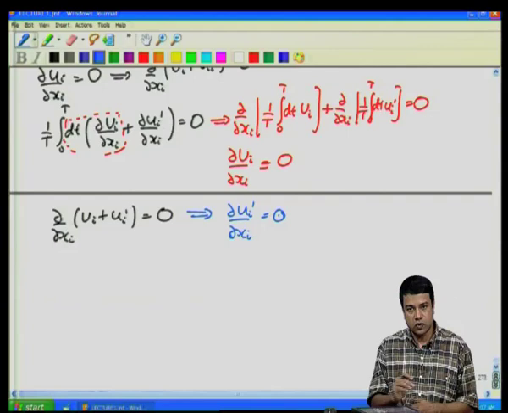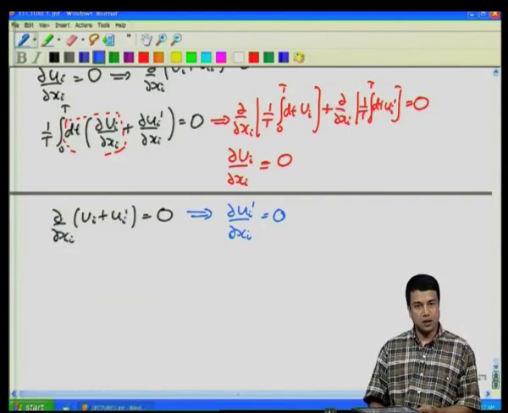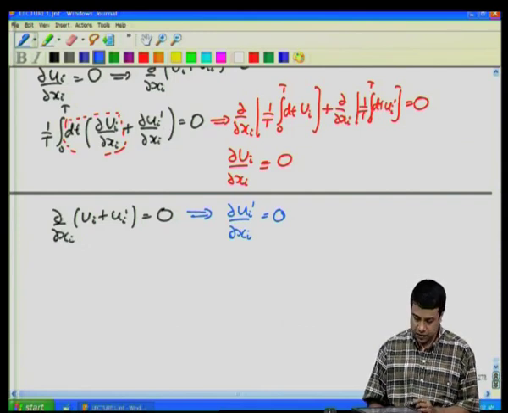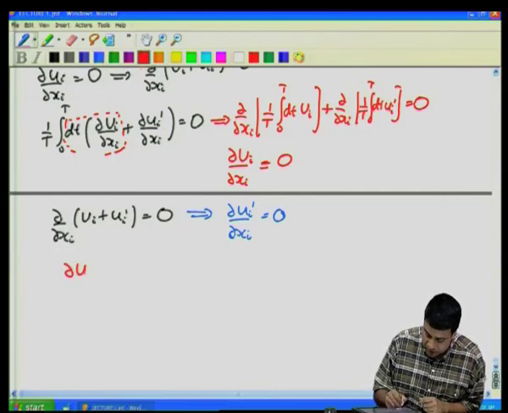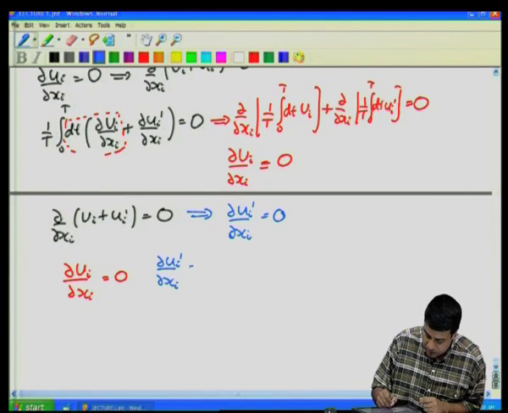That means that both the mean and the fluctuating velocity satisfy the mass conservation equation, the fluctuating velocity at any instant in time, and the mean velocity, which is a time averaged quantity. So, the mass conservation equations are partial U_i by partial x_i is equal to 0 and partial u_i prime by partial x_i is equal to 0.